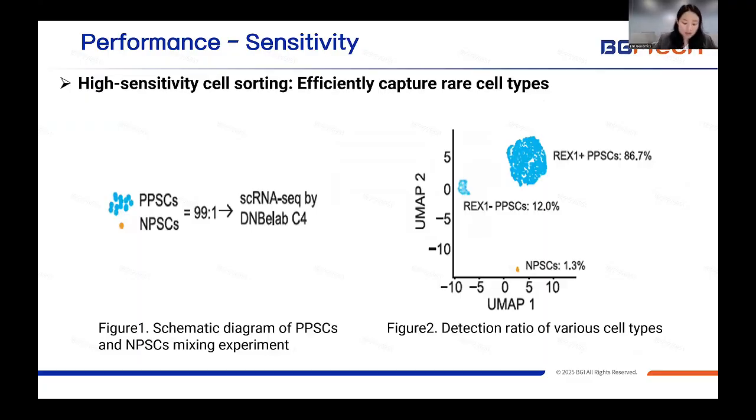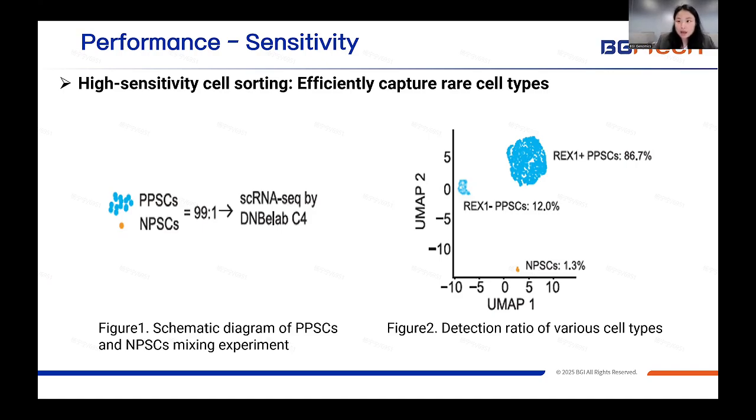To evaluate the effectiveness of this single cell sorting platform, we also did some experiments. Here we show you the sensitivity experiment. This experiment generally uses two types of cell lines with known ratios, and it was loaded on the machine I mentioned before.